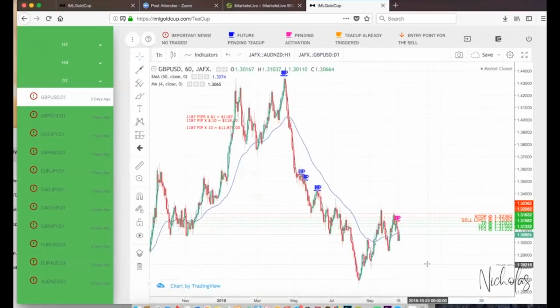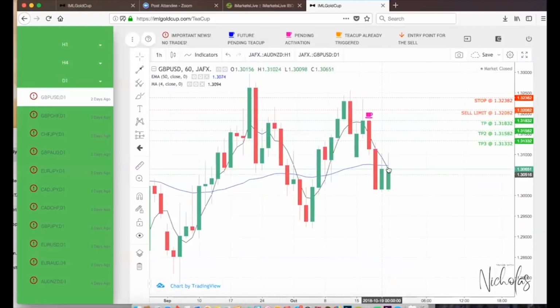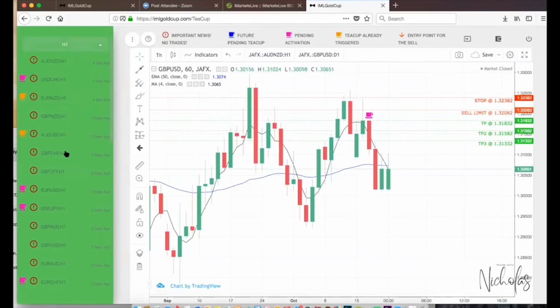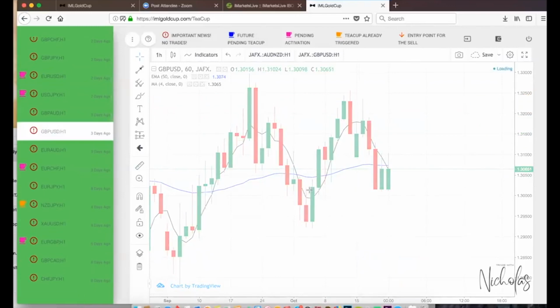Right? So if I look at this one right here, let's see if this would be a good one or not. It crossed. I'm gonna click down. How far did it go? On the 1 hour, I'm sorry, I'm on the daily right now. Let me go to the 1 hour. We go to GBP USD, 1 hour.